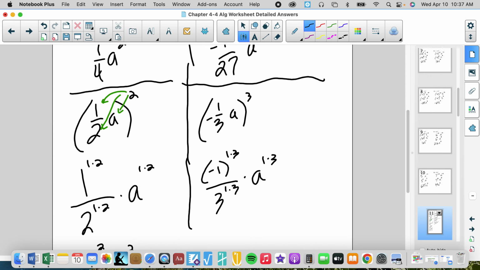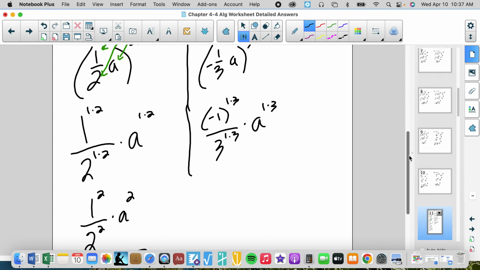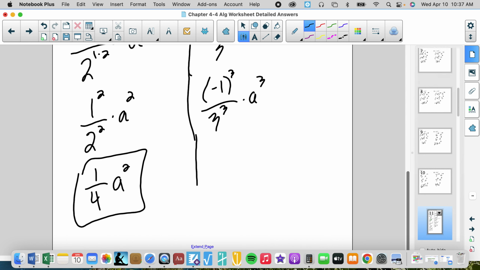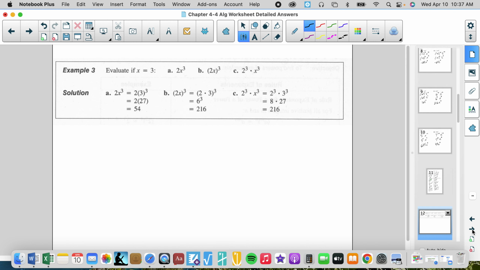I'm just moving that negative to either the numerator or the denominator, but just make sure that it's one, not both. A to the third, and we still get negative 1 to the third is negative 1, 3 to the third is 27, a to the third, still the same answer. So some little technicality right there.